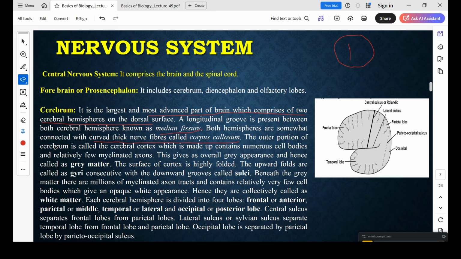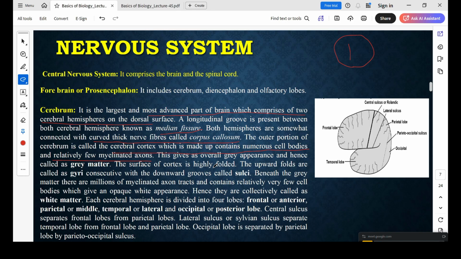The outer portion of the cerebrum is known as cerebral cortex, which is made up of numerous cell bodies and relatively few myelinated neurons, because there is not much need of signal to travel through a long distance.